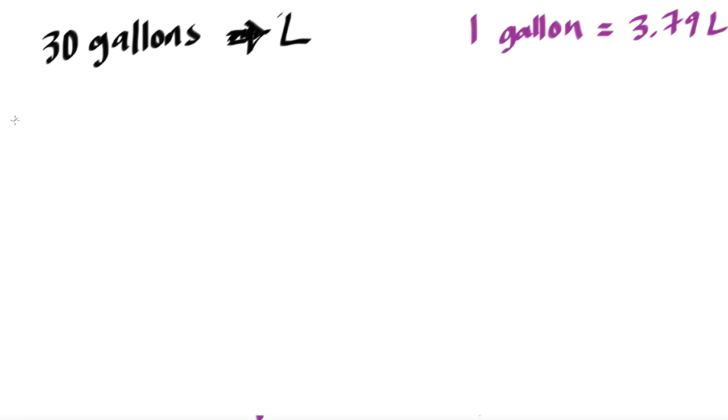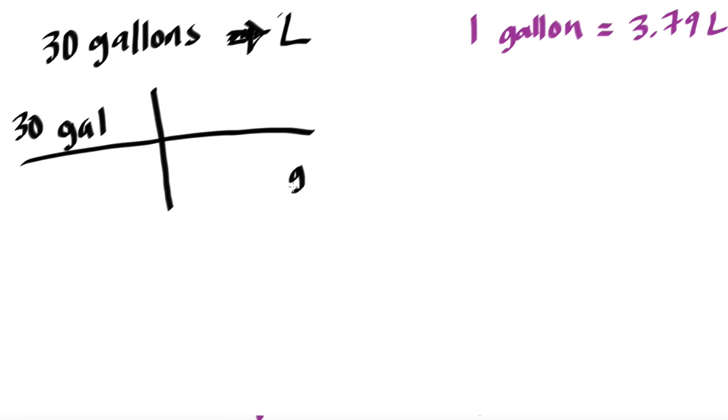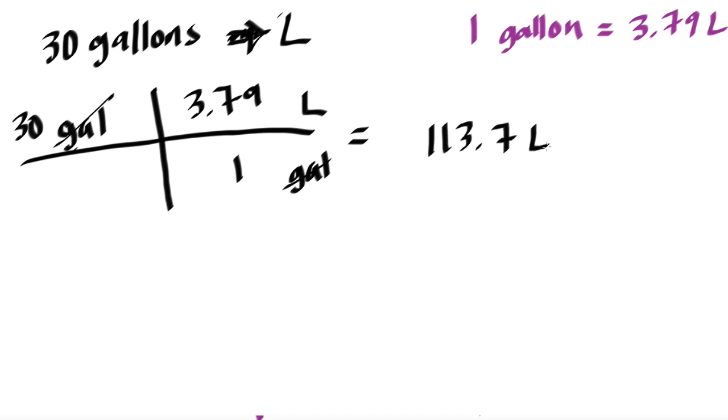So we'll say 30, and the abbreviation for gallon is GAL. Gallon to liters. Gallon cancels with gallon. For every 1 gallon, there's 3.79 liters. So we would say 30 times 3.79, and that's 113.7 liters.